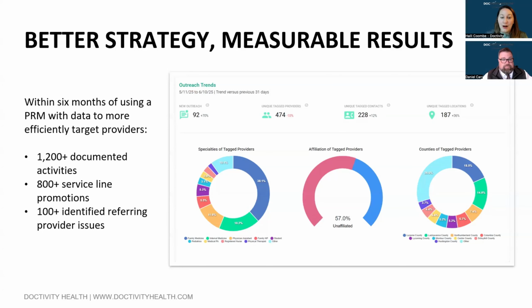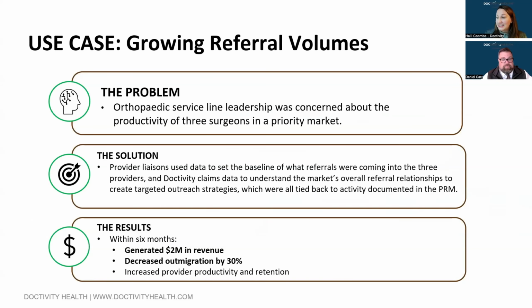So we have three more use case examples that I'll speak to as we go through, but these are some really clear, great examples of liaison team activity and how you can really showcase that return on investment that you're bringing to the organization.